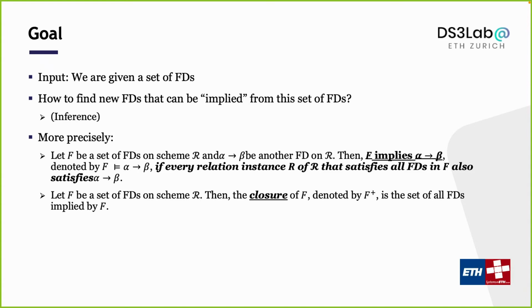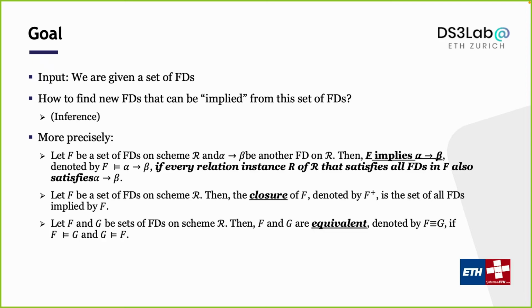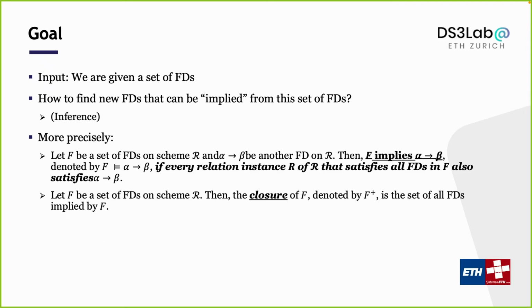And then once you have this, we can define the notion of closure of f. Essentially, f is a set of functional dependencies on schema R. The closure of f, which we write as f plus, is the set of all functional dependencies that can be implied by f. That's pretty natural as a definition, right?